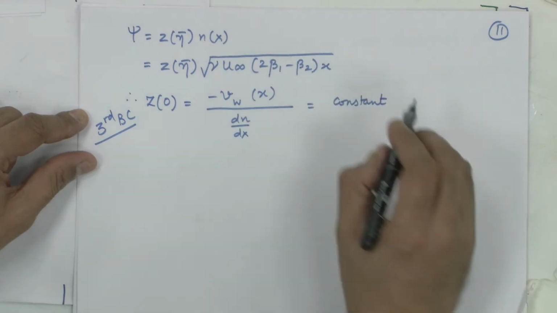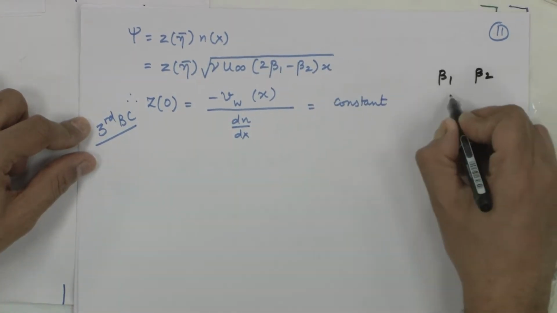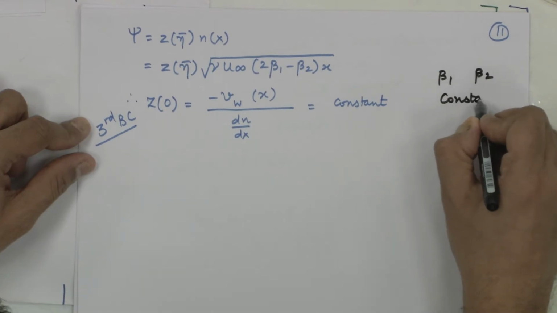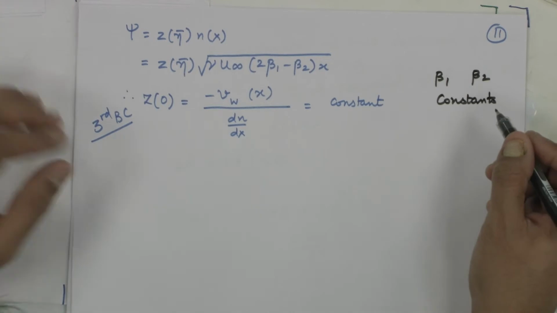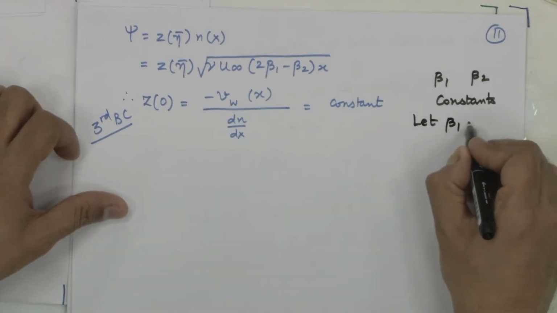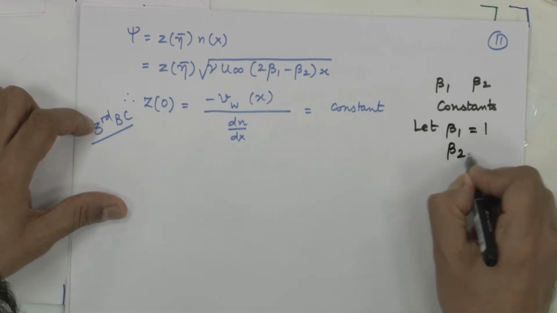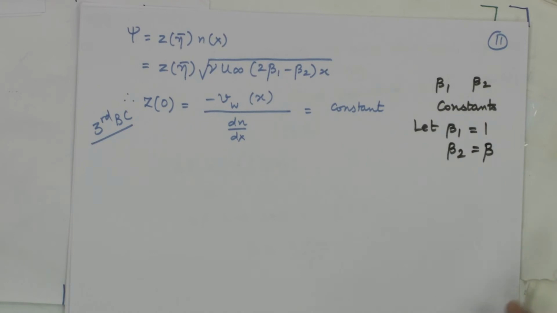So, now we had beta 1, beta 2 as some arbitrary constants. Why keep both of them arbitrary? So, let us choose beta 1 equal to 1 and beta 2 as some general beta. This is as good as keeping both of them constant.